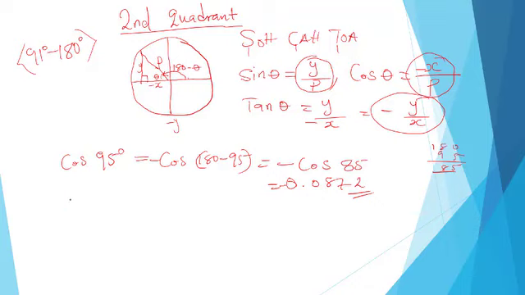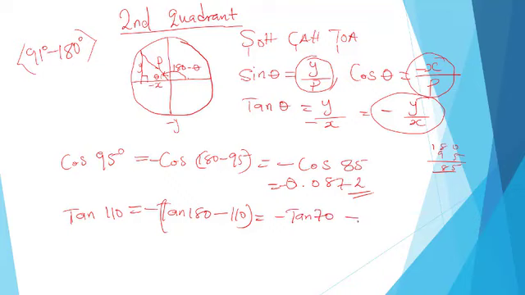Okay, let's do that of tan 110. Just like what I said, tan also has a negative value in this quadrant, so it is equivalent to minus tan of 180 minus 110. 180 minus 110 is just 70, which is the same thing as minus tan 70.